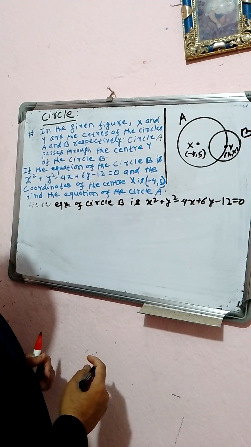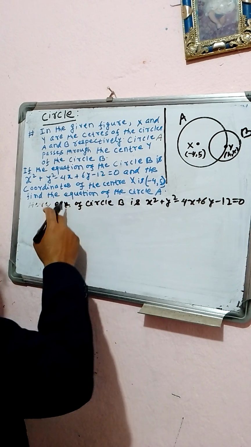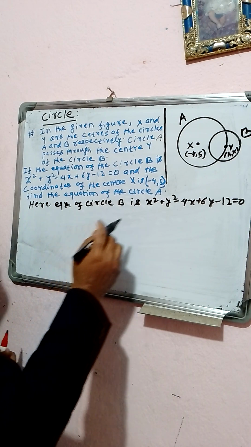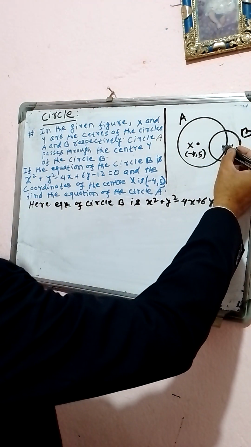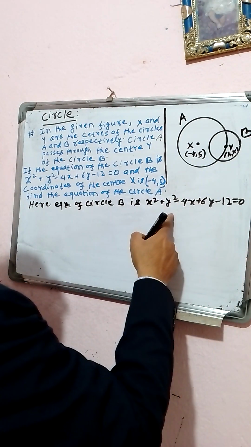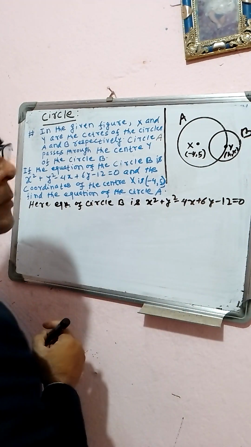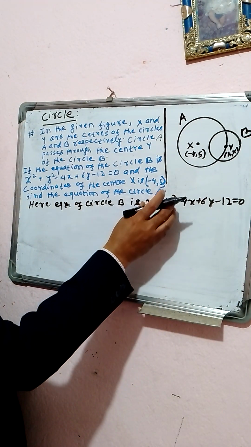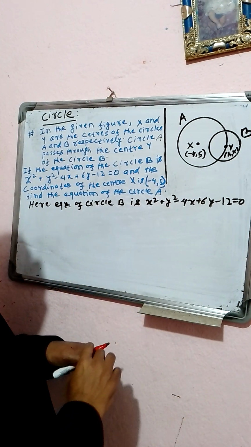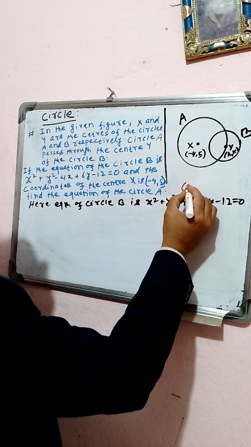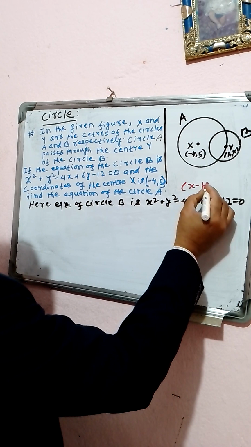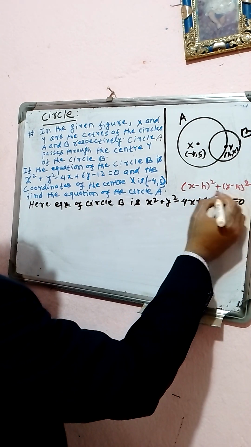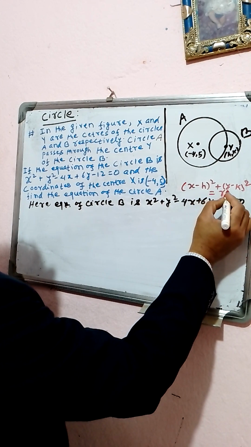And our strategy is that the equation of B is given here, so you need to find the value of the center by using this equation. You convert or form the square, so that your equation will be of the form x minus h square plus y minus k square equals to r square.